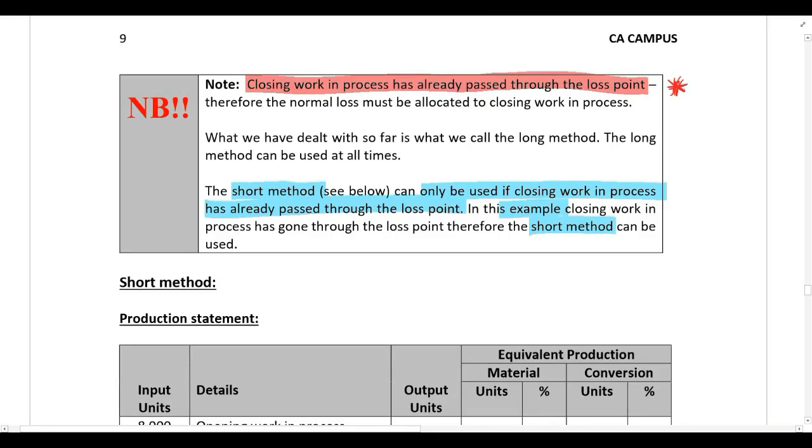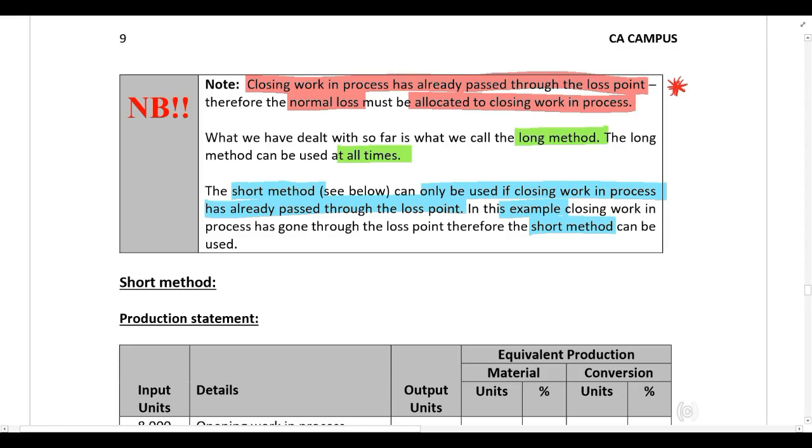So that's what I'm talking about at the top. The closing work in process has been through the loss point, so the normal loss must be allocated to closing work in process. If closing work in process had not been through the loss point, you should not allocate any of the normal loss to closing work in process. I said to you, everything we've looked at up until now has been the long method, and it can be used at all times.